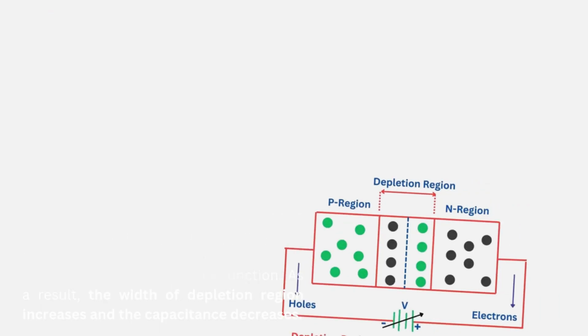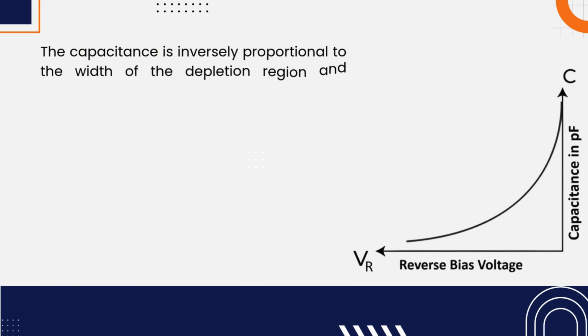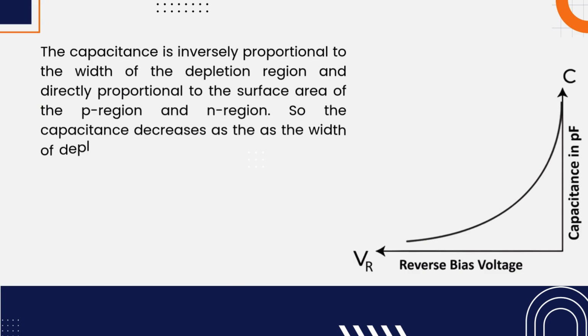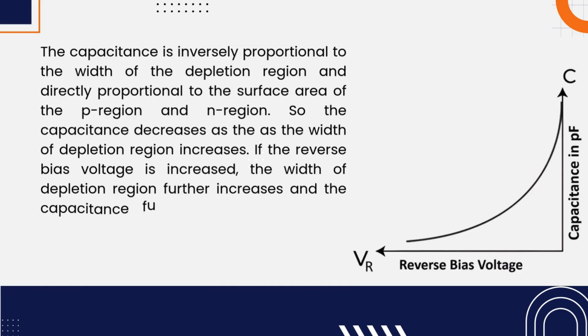The capacitance is inversely proportional to the width of the depletion region and directly proportional to the surface area of the P region and N region. So, the capacitance decreases as the width of the depletion region increases. If the reverse voltage is increased, the width of the depletion region further increases and the capacitance further decreases.